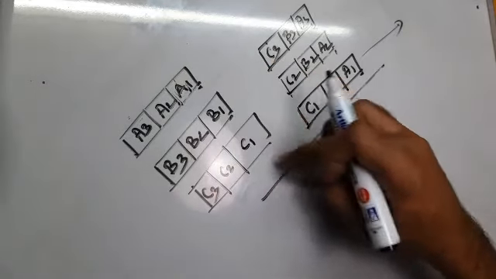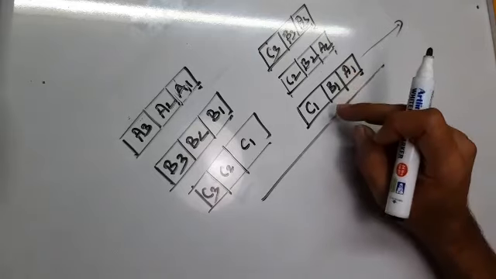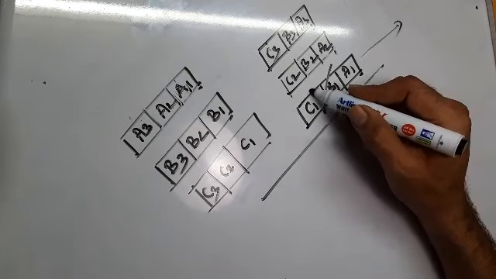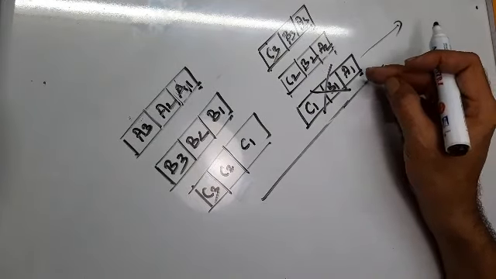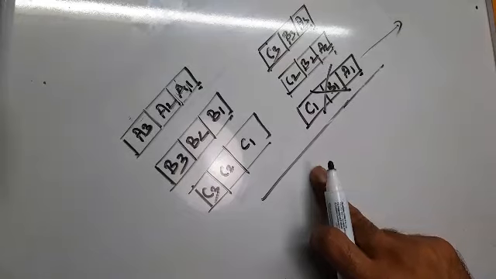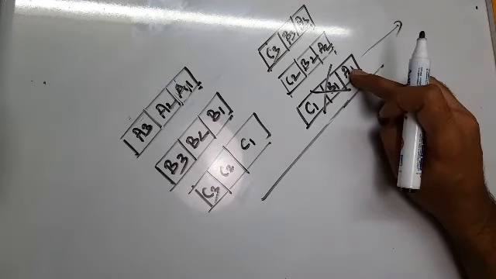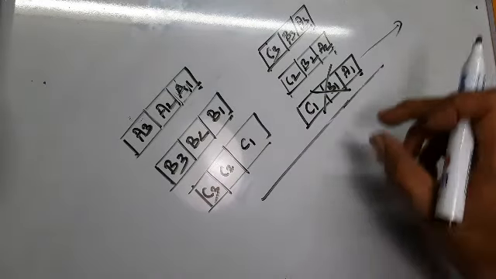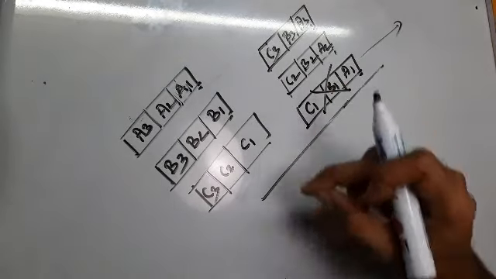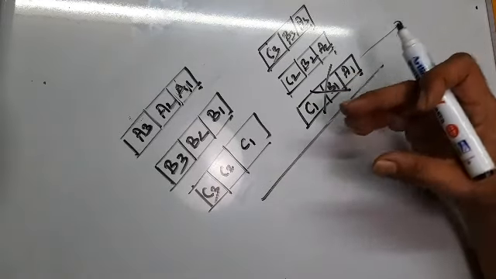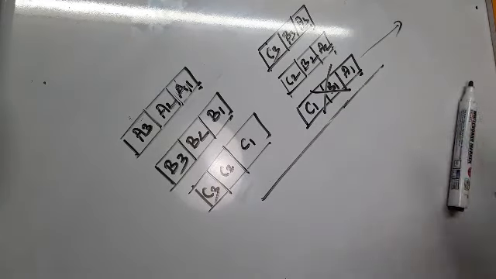By doing this type of arrangement, if one of the packets gets lost, the loss of data will be very small compared to the loss of one whole packet, because here we are losing a small amount of data from each packet. This is how it helps us to minimize the losses.